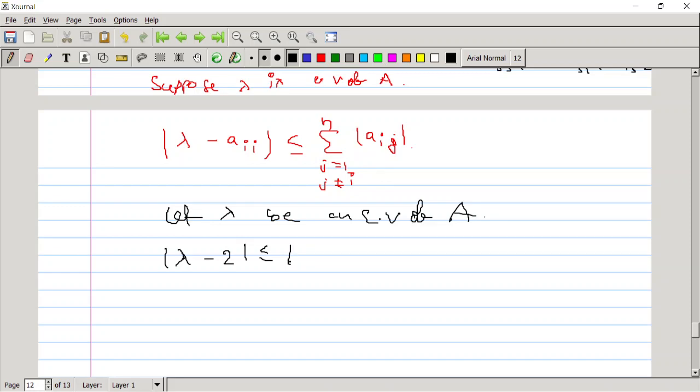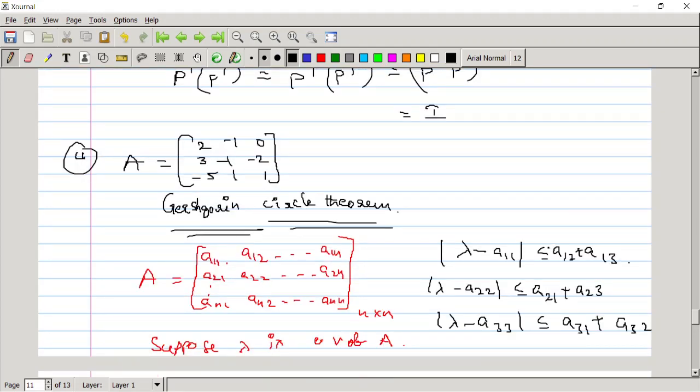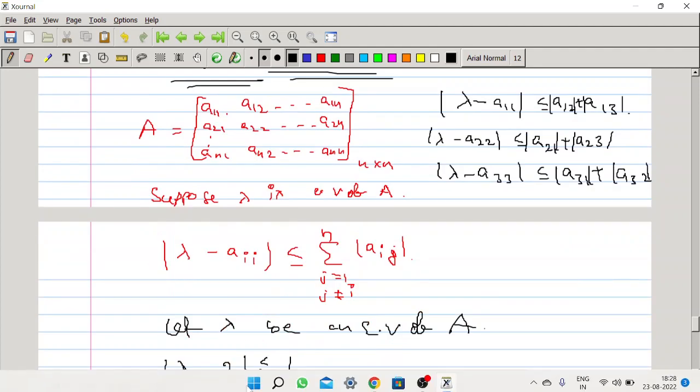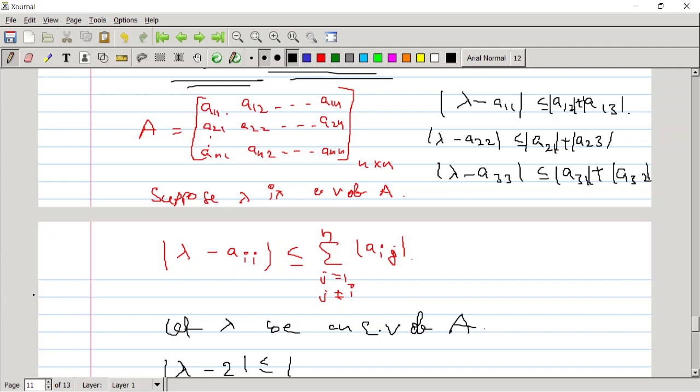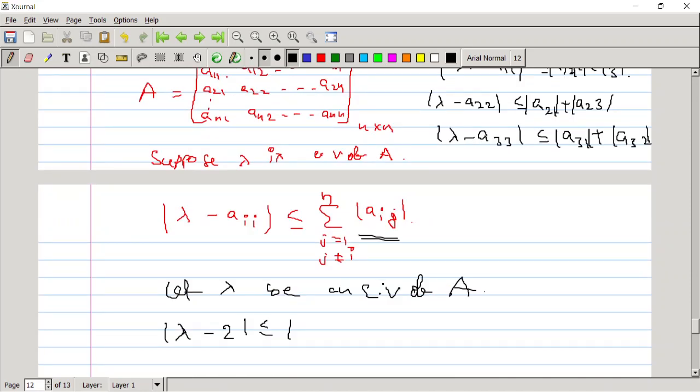Of course there is only one non-zero element, that is this minus 1, so its modulus has to be there. You can see that I have written the modulus here. So by this property we can say this is less than or equal to 1.